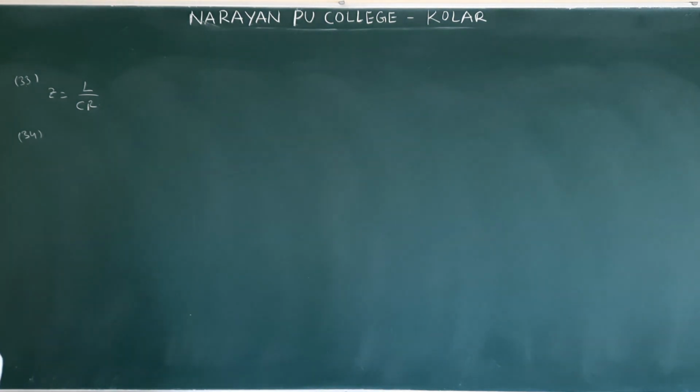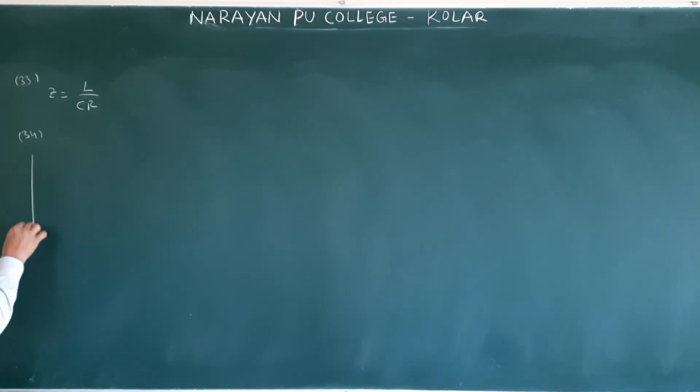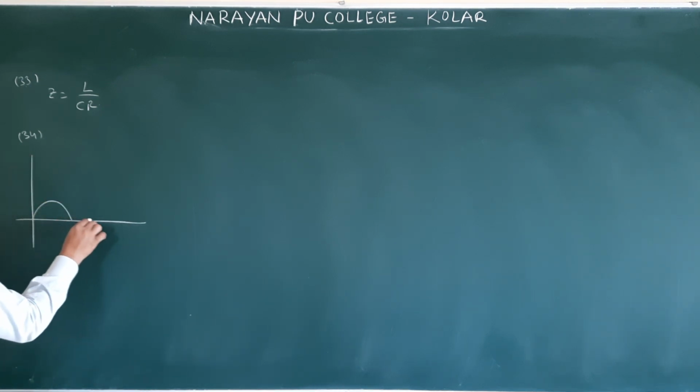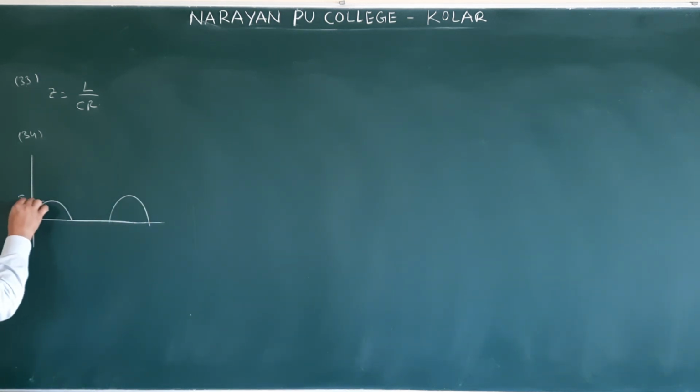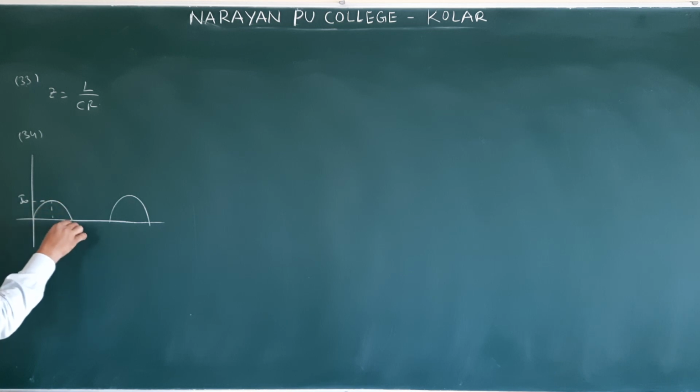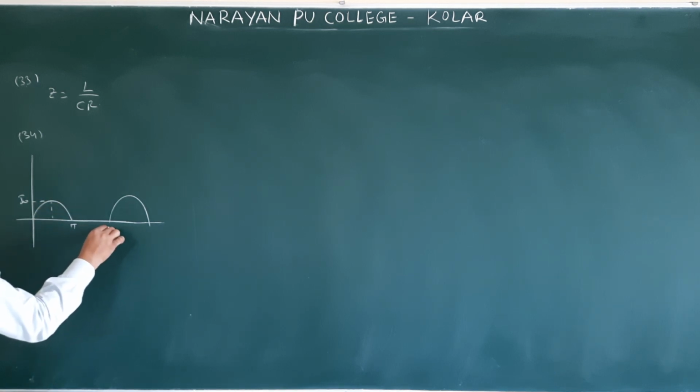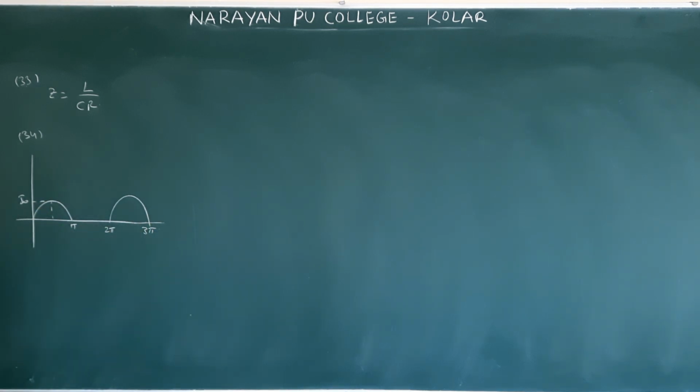Next, question number 36. Consider the following waveform. They gave one waveform like this, with I naught, and this is pi, 2 pi, 3 pi.